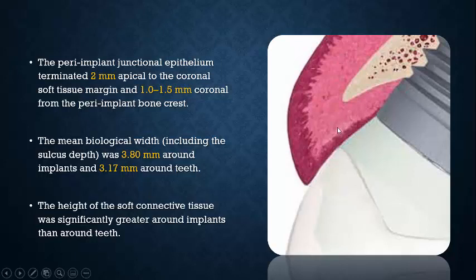However, the biological width around the tooth is about 3 mm. So there is 1 mm extra height around the implant, and that's why we need more soft tissue around the implant in order to protect the crestal bone. The height of the soft connective tissue was significantly greater around the implant than around the teeth.